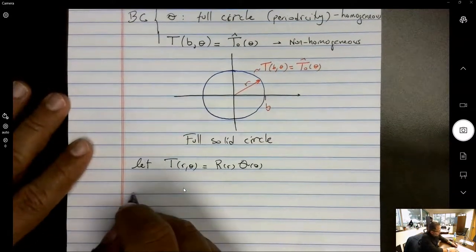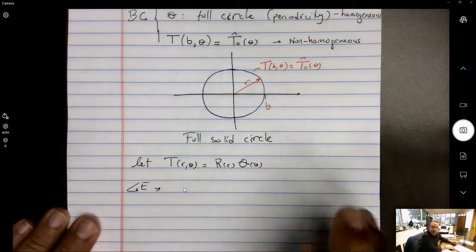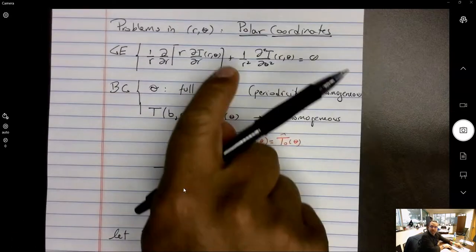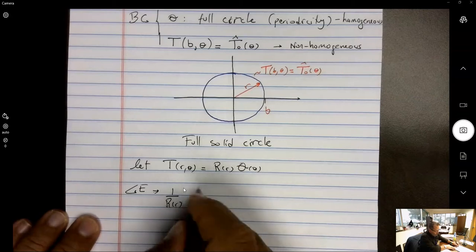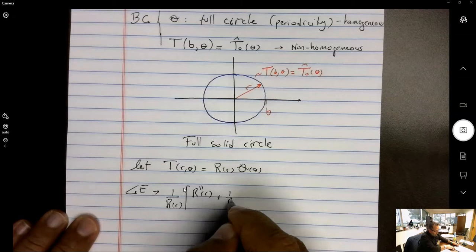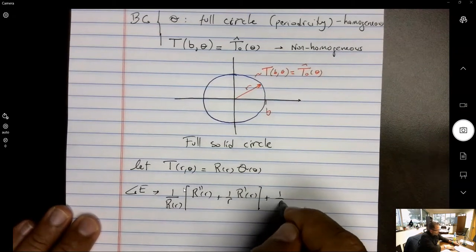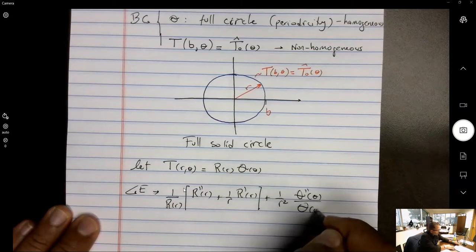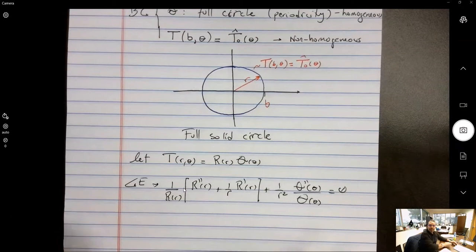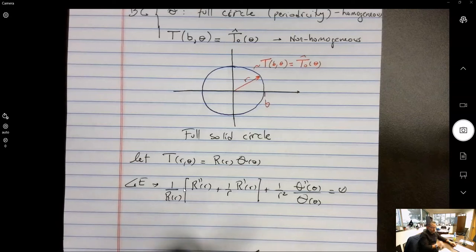And therefore the governing equation is going to look like, if we plug this in, 1 over r R double prime of r plus 1 over r R prime of r plus 1 over r squared Theta double prime of theta divided by Theta of theta is equal to 0. So this is just the implementation of the separation of variables assumption into the governing equation.